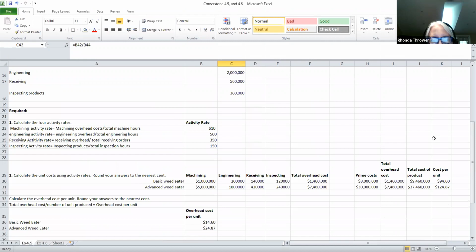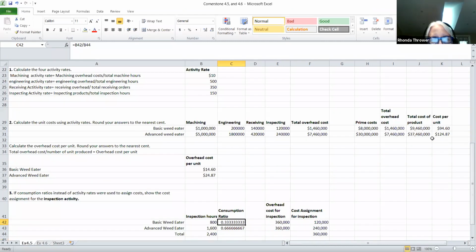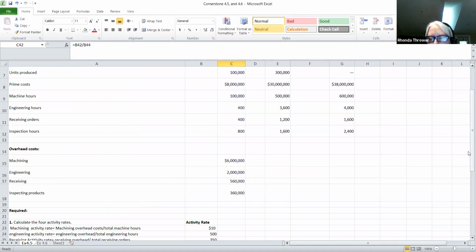There might be another way to do this too. So they took B42, which is the 800 hours, and they divided it by B44, which is the total hours. Yeah, it's 2,400. So there's two ways that you could look at that.